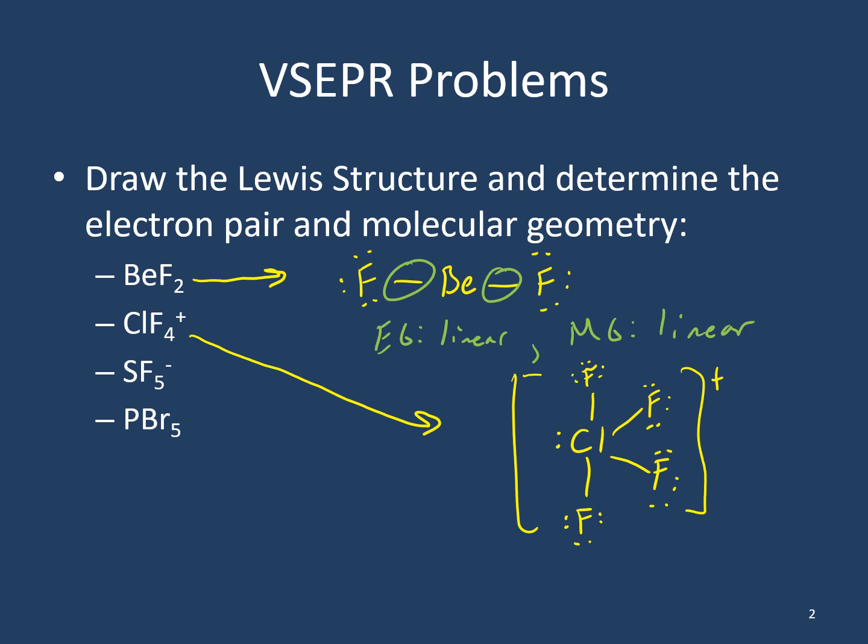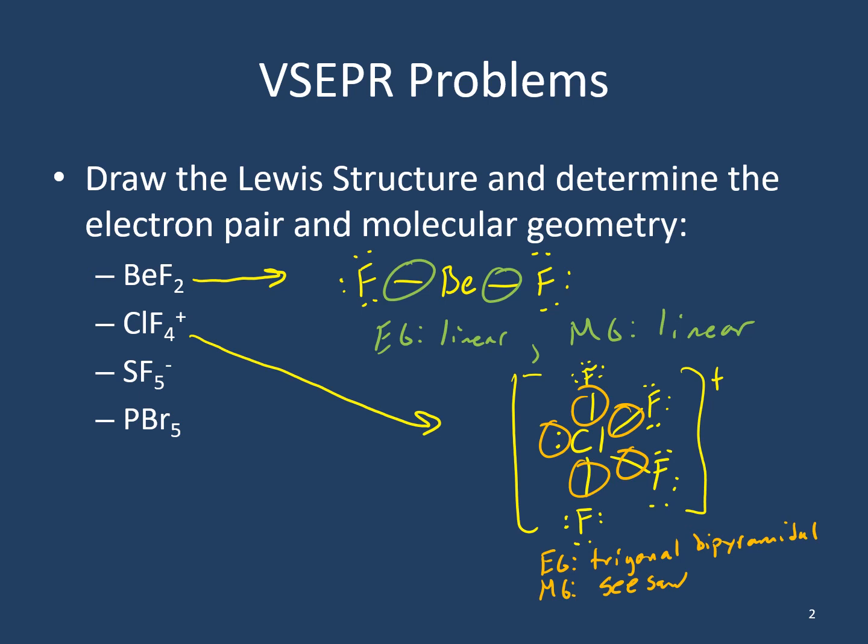So still, though, we have 1, 2, 3, 4, 5 groups around the central atom. This means my electron group geometry is trigonal bipyramidal. How do I know that? I have that memorized. Our molecular geometry then would be, okay, great, it's 5 groups, but one of them's a lone pair. That means we got a seesaw as our molecular geometry.